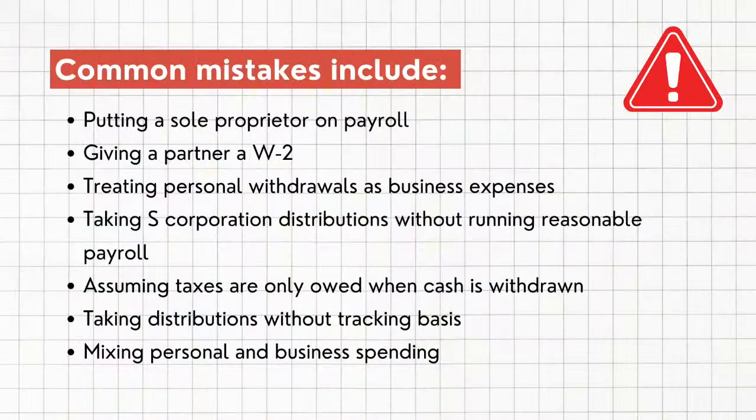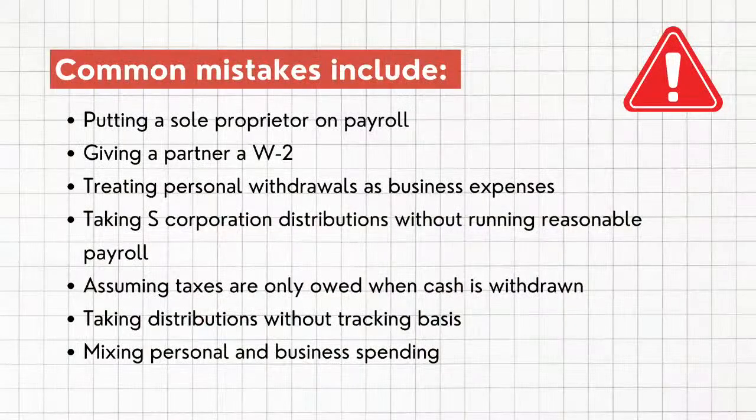Now let's talk about a couple common mistakes with owner pay. A few common mistakes: putting a sole proprietor on payroll, giving a partner a W-2, treating personal withdrawals as business expenses. That's a bad one. Don't do that.